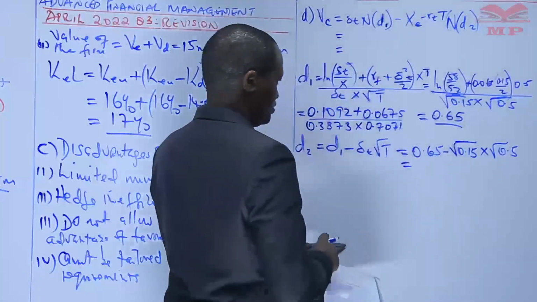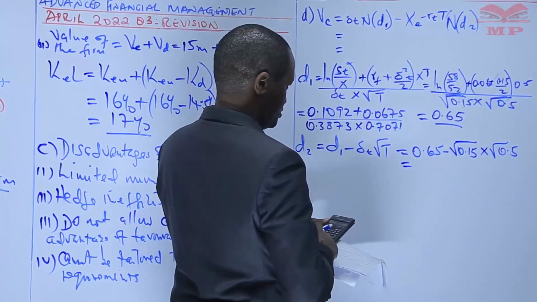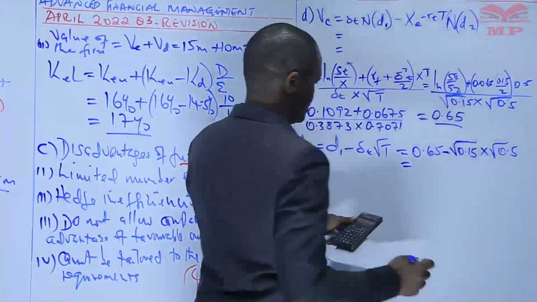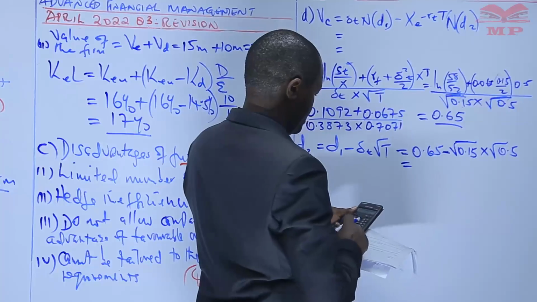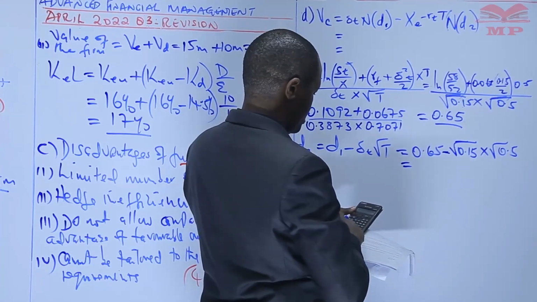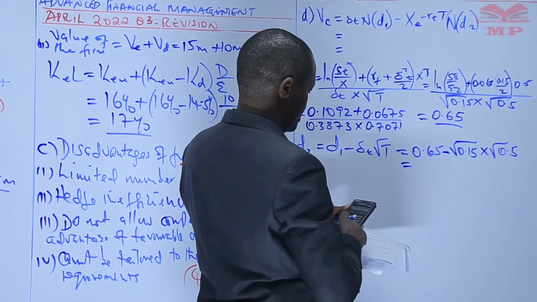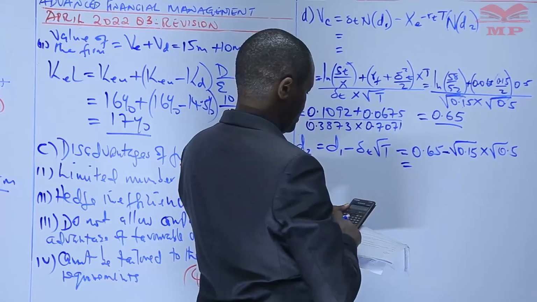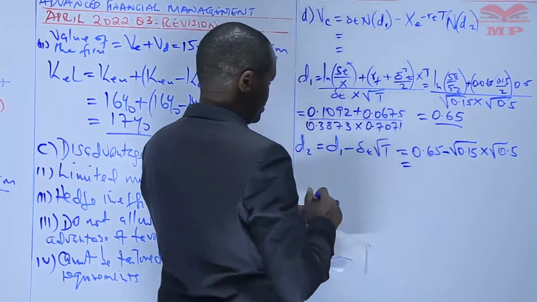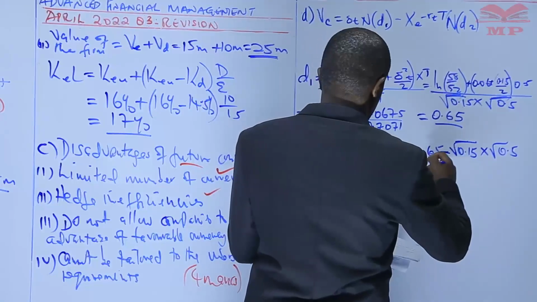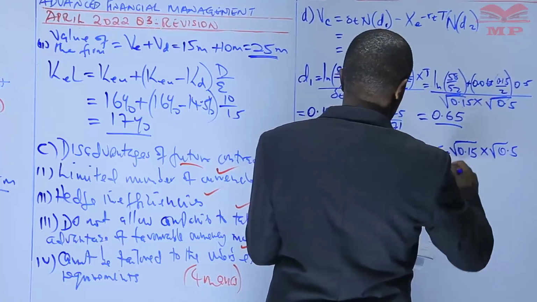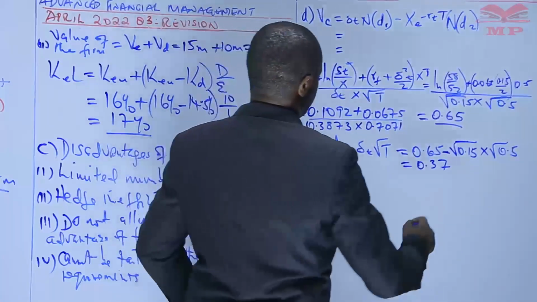So this is equal to 0.38, or let me call it 0.37. This is D2.